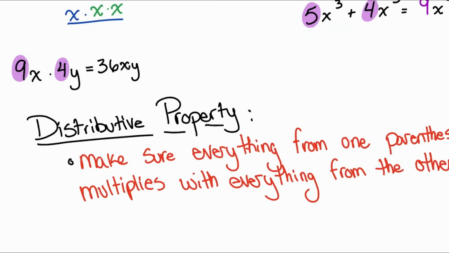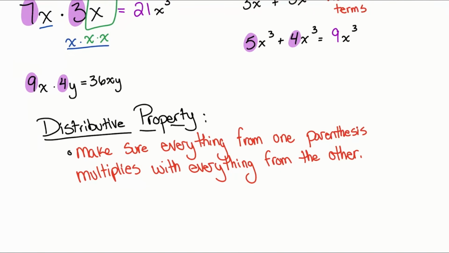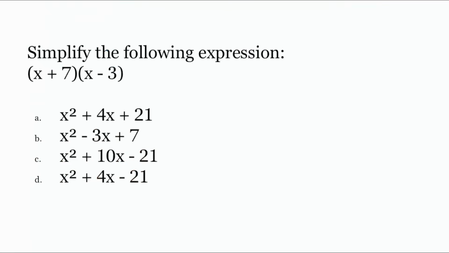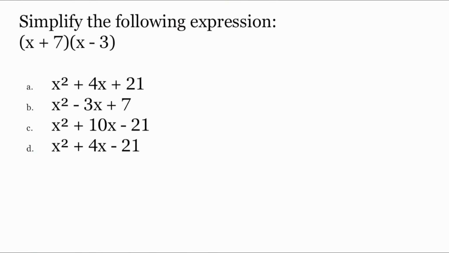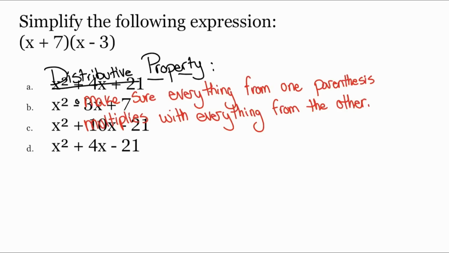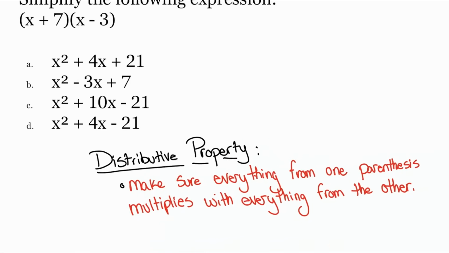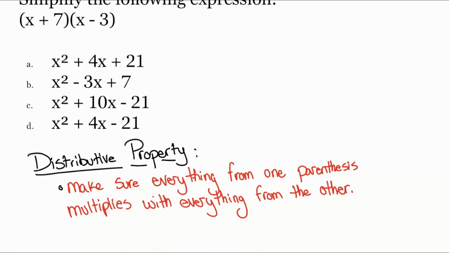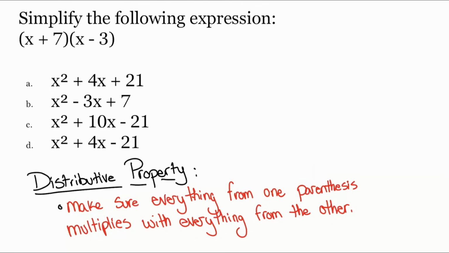If you can write it down before I'm done copying and pasting this into the proper page that we're on, bonus points. So coming back over here, booyah right there. Yeah, distribution. We are going to make sure that everything from one parentheses multiplies with everything from the other.